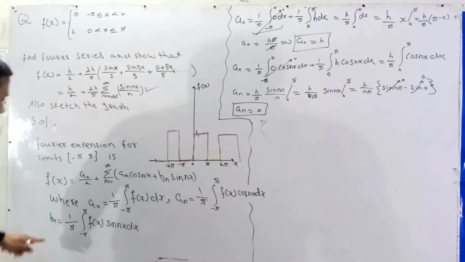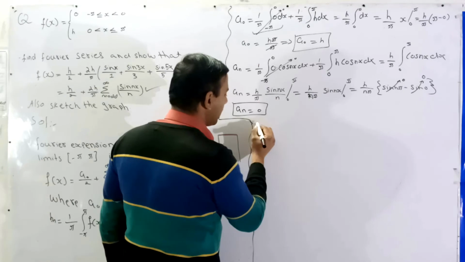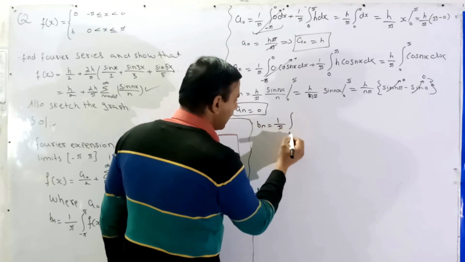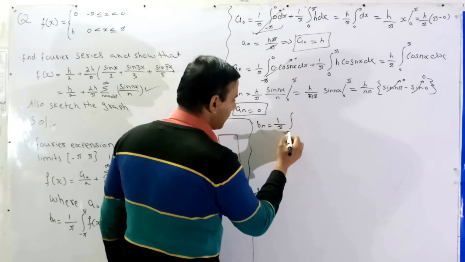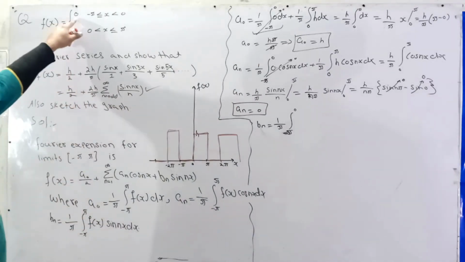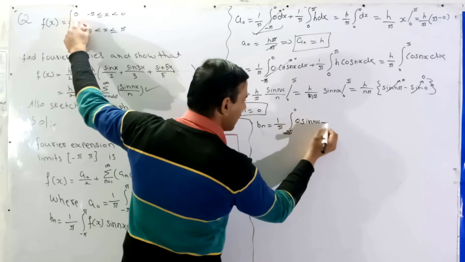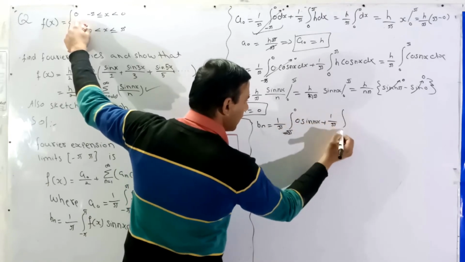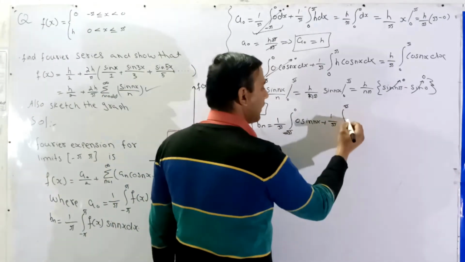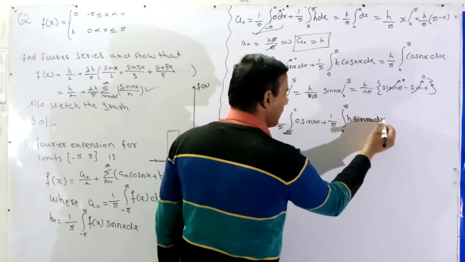And now we have to find the value of bn. Similarly, here we also break the integral into parts. bn is equal to 1 over pi integral from minus pi to 0, where the value of f of x in this interval is 0, 0 sine nx, plus 1 over pi integral from 0 to pi, where the value of f of x in this interval is h, h sine nx dx.